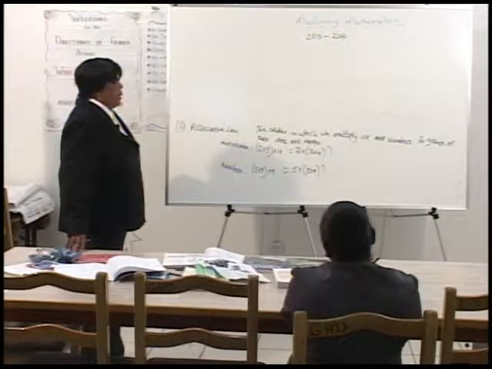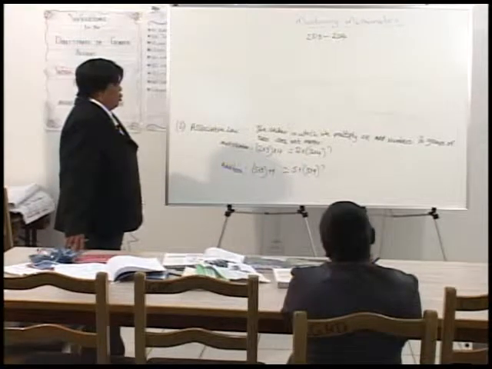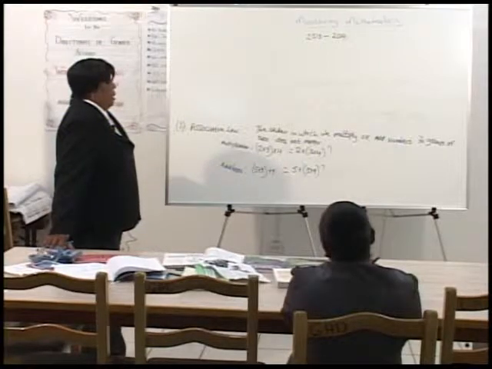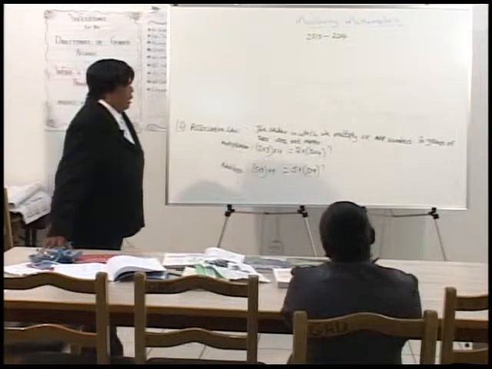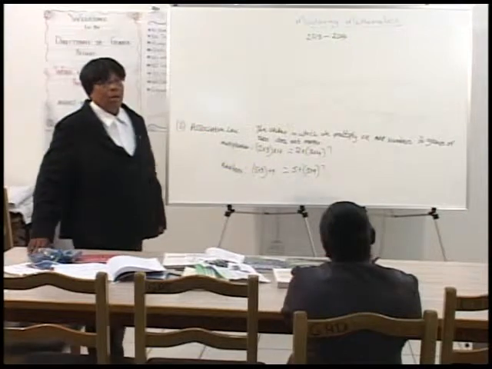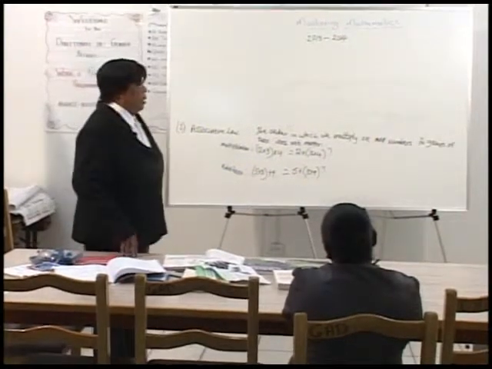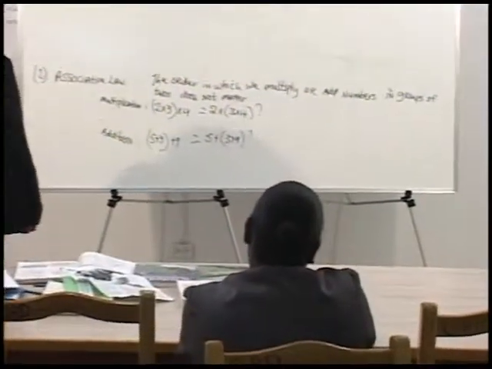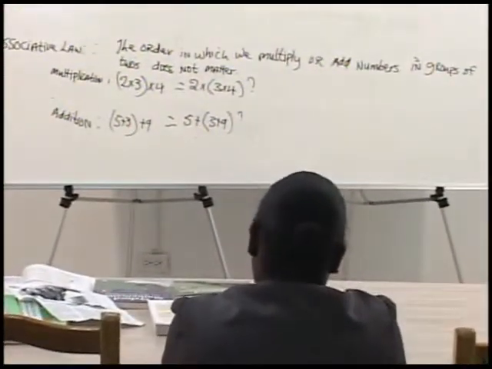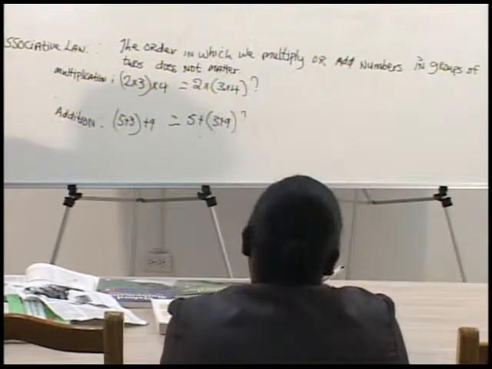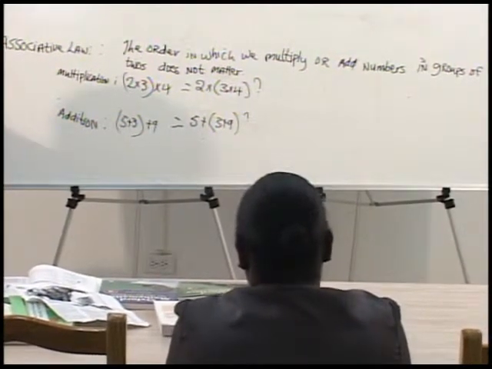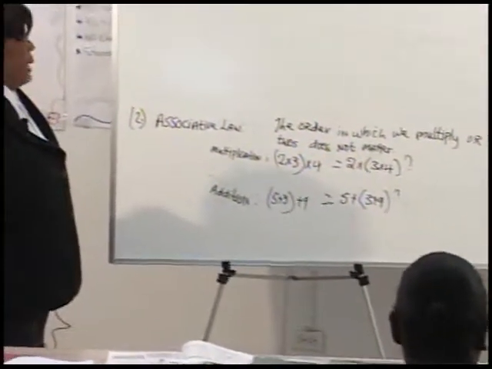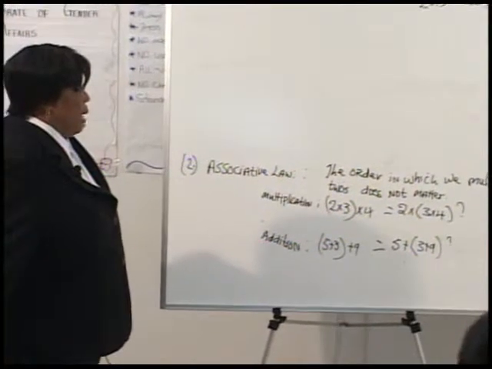Then we introduced the associative law, which says the order in which we multiply or add numbers in groups of twos does not matter. I then sent you home to see if you could do this exercise: 2 times 3 times 4, would it be equal to 2 times 3 times 4?